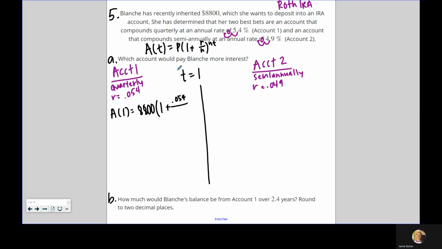over N, so it's compounded quarterly, so that means N is 4, raised to the N times T, so that's 4 times 1. Again, we're just randomly picking a number for T. You could use 2 years, 5 years, it doesn't matter. We're just trying to see which account is earning Blanche more money.